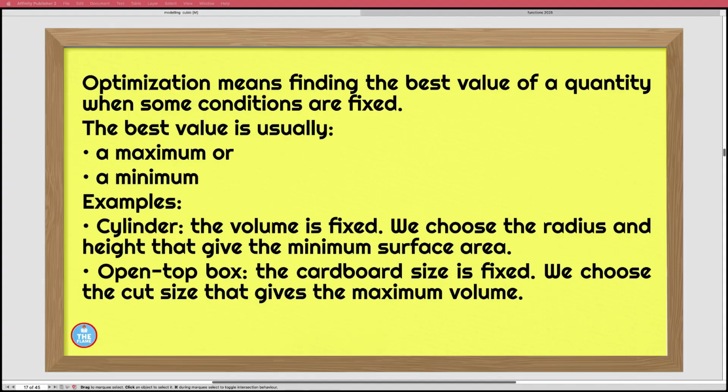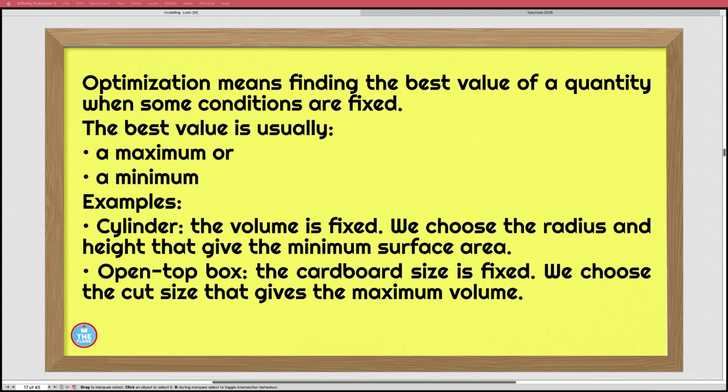What is to optimize? Basically, guys, it is to use the minimum or the maximum to find the best value to satisfy certain conditions. For example, we have two super popular examples where we need to optimize a cylinder and also a box.